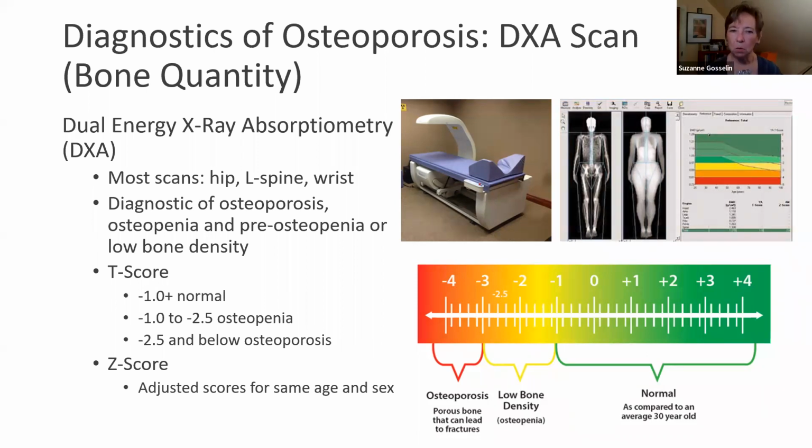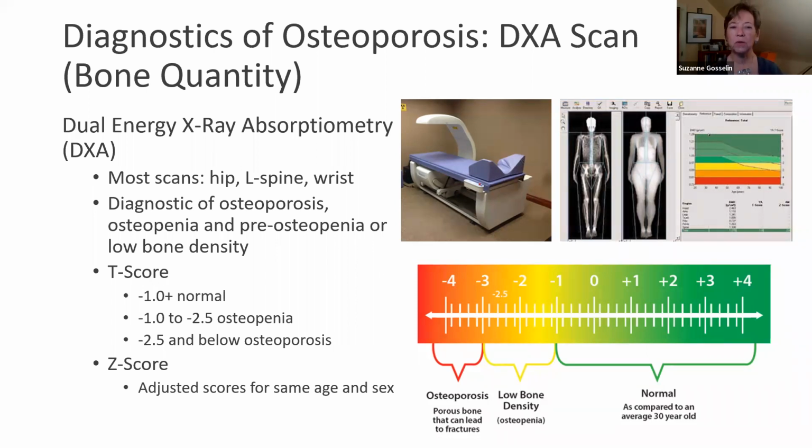Whereas a Z-score is an adjusted score comparing your score to someone of the same age and the same sex. We use the T-score to determine whether your bone density is within normal limits, or is it osteopenic, or are you actually at an advanced level of bone density loss.